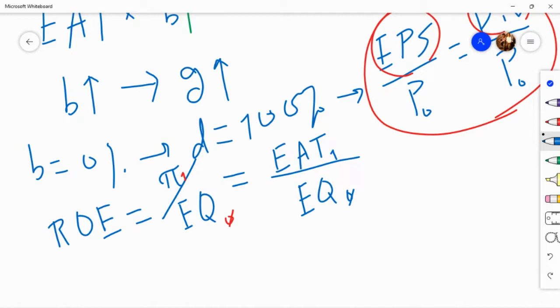Now, this is one of the profitability ratios, right? Profitability is basically the productivity of the assets and equity, and the productivity of the equity can be directly measured by EAT divided by equity, because this is the output.